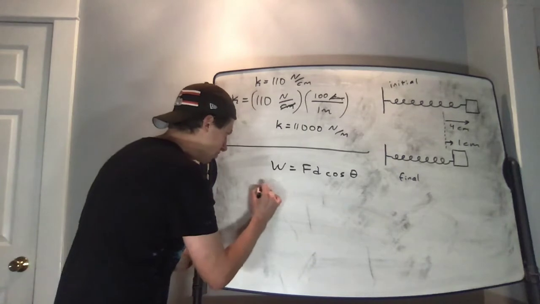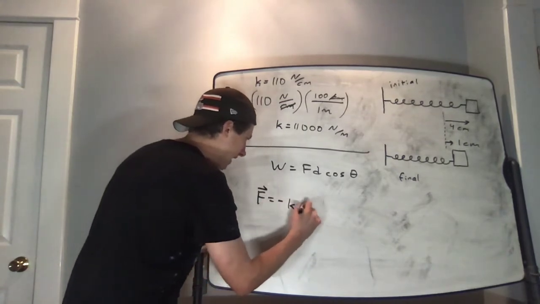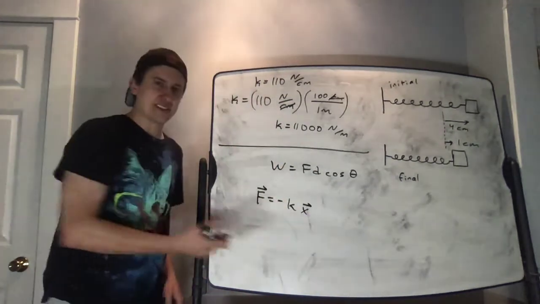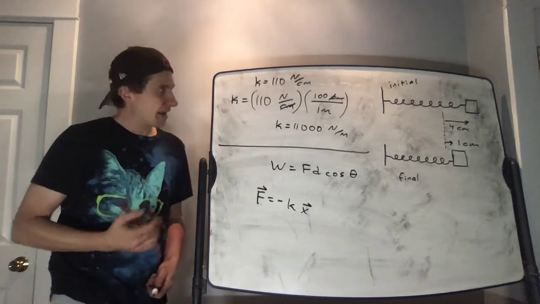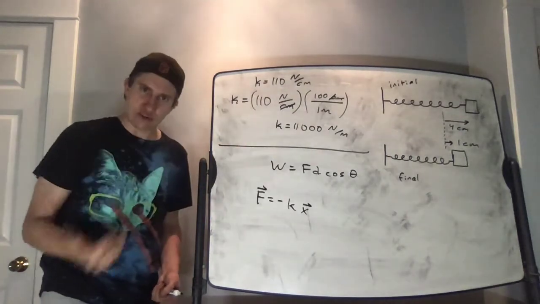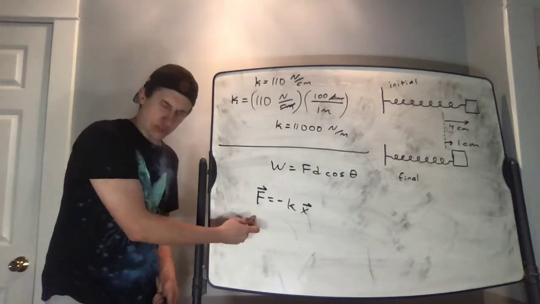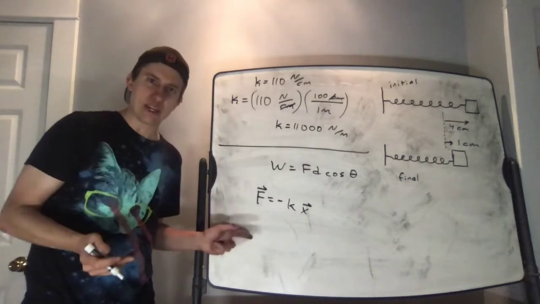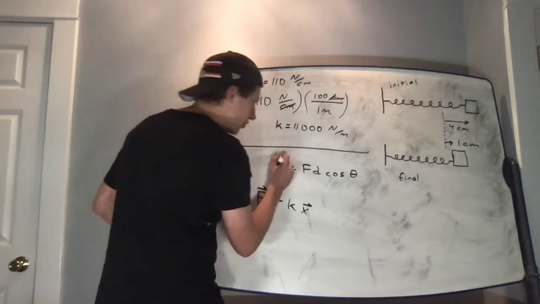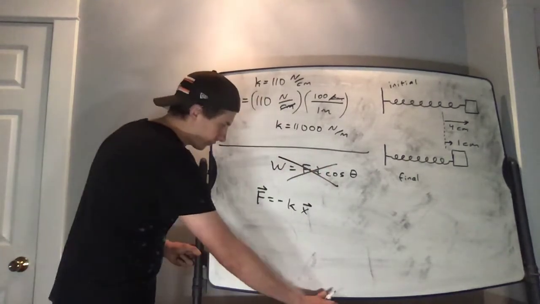But the spring force is given as negative kx, where x is the displacement or stretch of the spring. And as the displacement of the spring changes, the spring force is going to change. And so this force is not going to be a constant force, and we cannot use this.